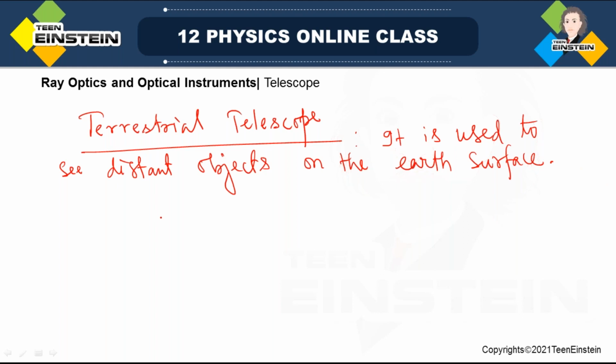Like, we sometimes watch a football match from far away, really at the back of the gallery. If you use a telescope, you can see clearly and distinctly.